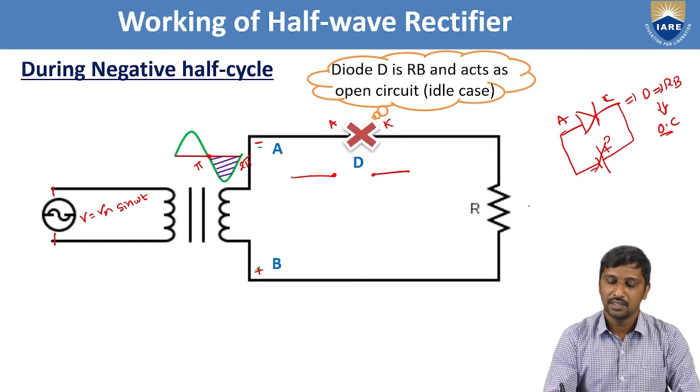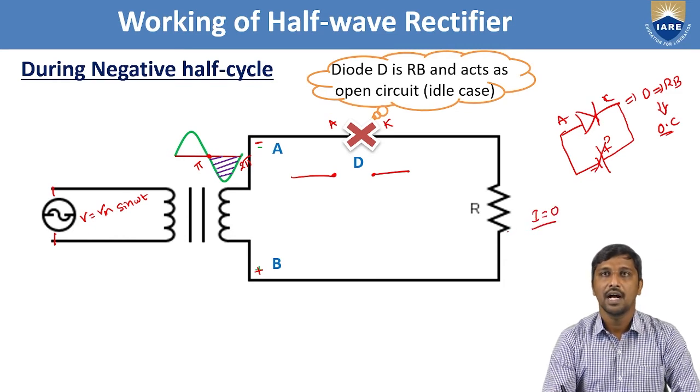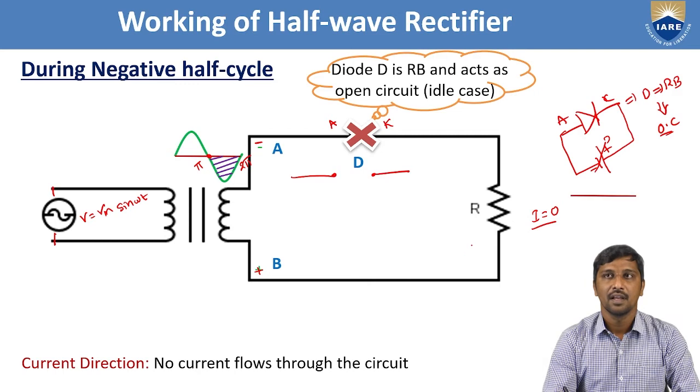Hence, the current flowing through this resistance is 0 under this negative cycle or negative peak signal. That is the reason the output is represented as 0. So for the entire negative peak duration, the output is 0.